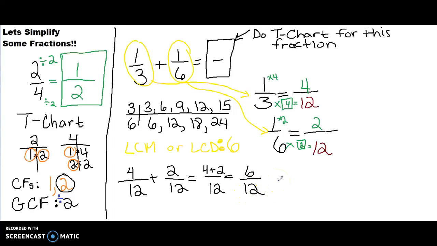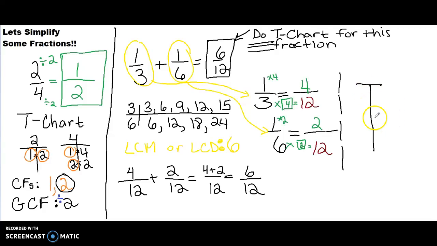Now, here we have 6/12 for our answer. This is when we do the T-chart, because you always simplify your answers if you can. If they're not already in what we call lowest terms, you simplify your answers. So I'm going to come over here, and this is where I take my T-chart and put my numerator here.